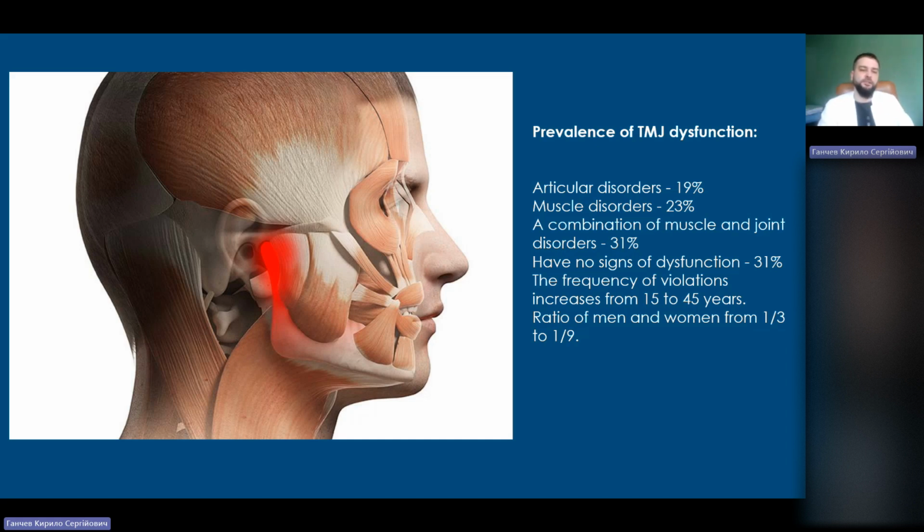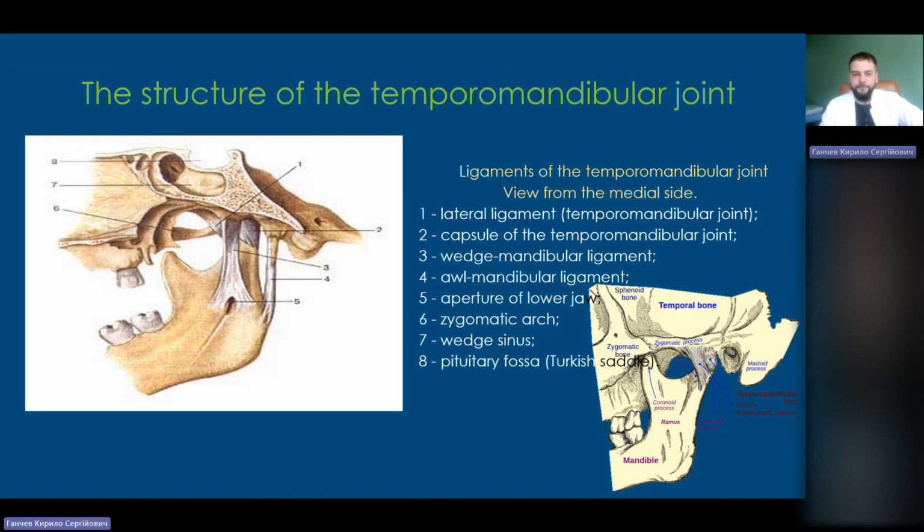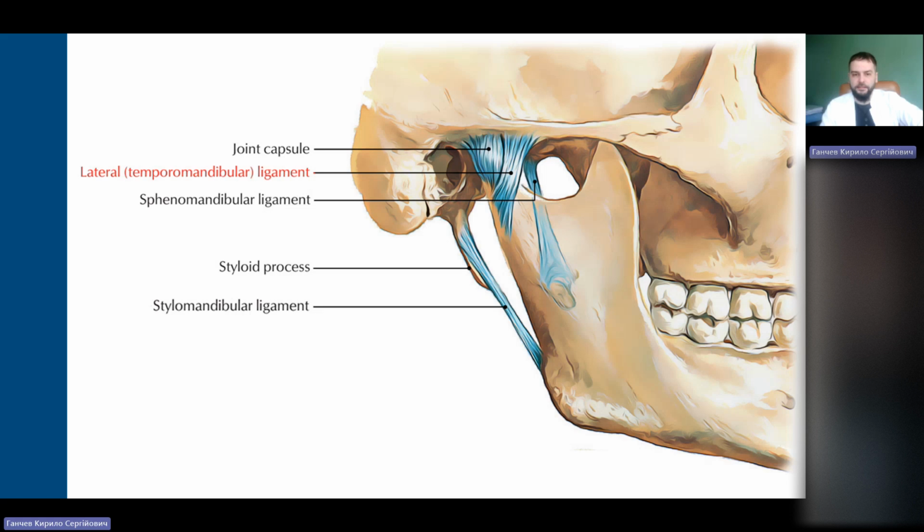So remember about that if you want to become a prosthetic dentist. The structure, you remember all that from anatomy: joint capsule, lateral ligament, submandibular ligament. Those ligaments are very important too.